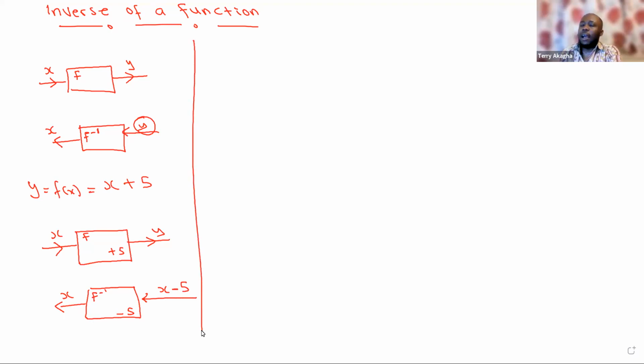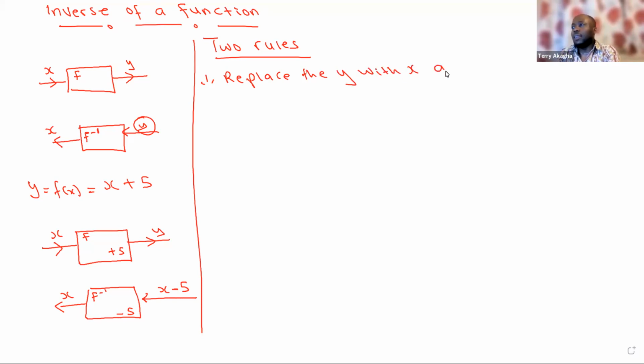Usually I have two rules for the inverse of a function, to make it very simple for you. The first rule is to replace every y with x, and then replace the x with y.